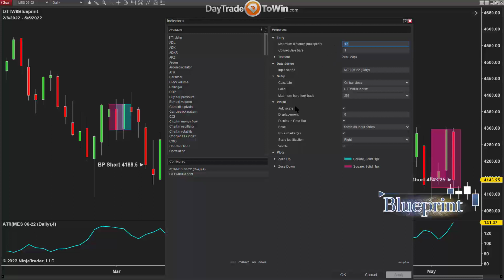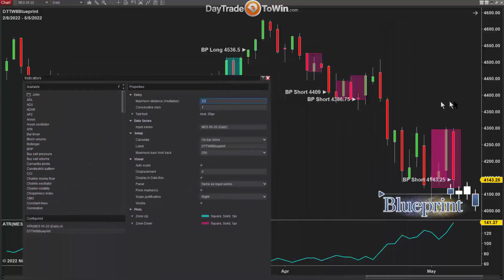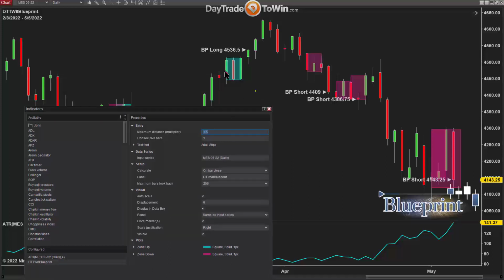We can eyeball it and say it doesn't look as if it's breaking out that much from where it's coming from. But in reality, it's all scaling. These prices that you see here are all relative. So if the market moves more than 1.5 times the distance away from this area, there's no trade.